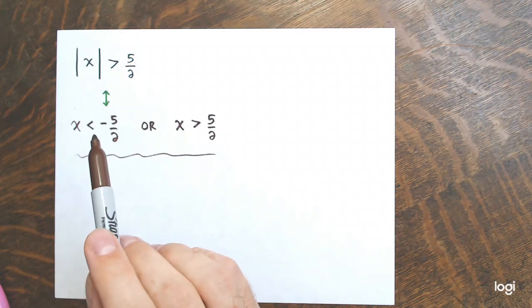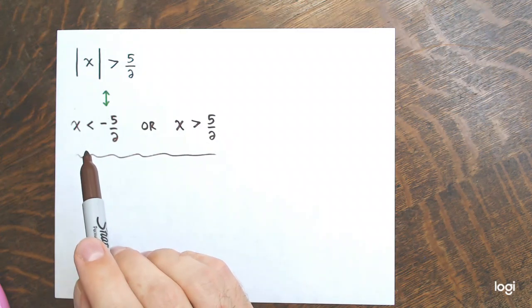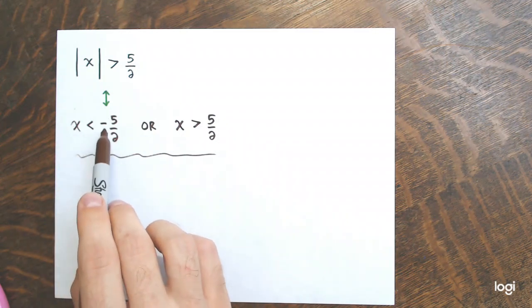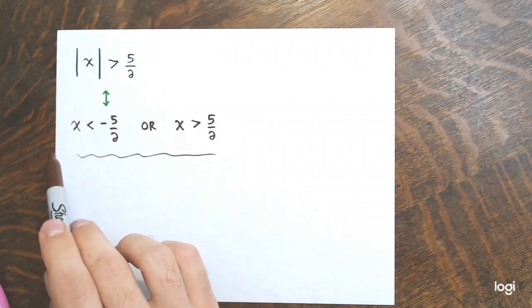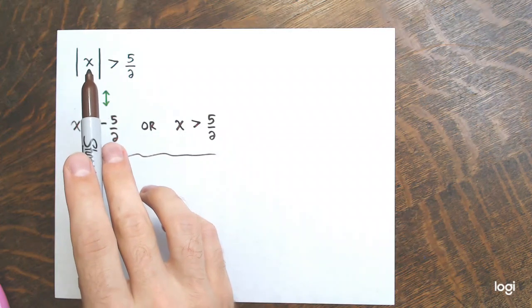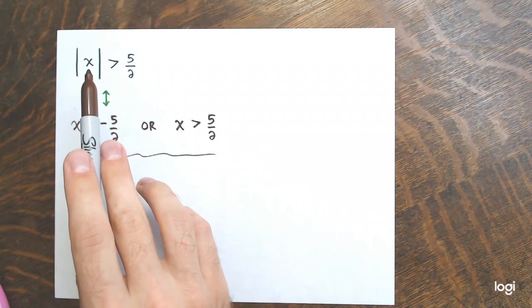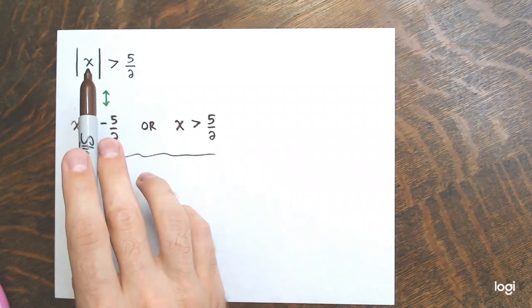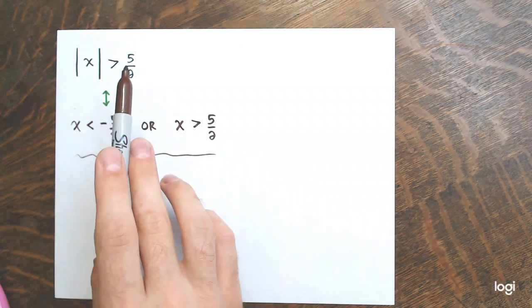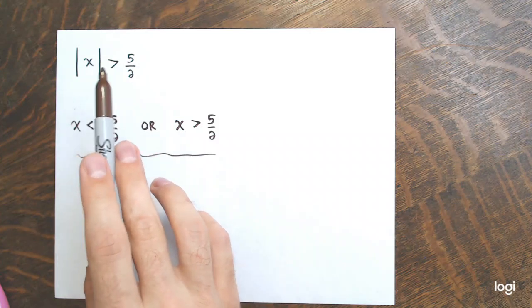You can try it out, practice with some examples, see if they work. Pick any number less than negative 2.5, like negative 3, negative 4, negative 5. Plug in negative 5 for x, you take the absolute value of that, you get positive 5, and is positive 5 greater than 5 halves? Yeah, it is. 5 is greater than 2.5.